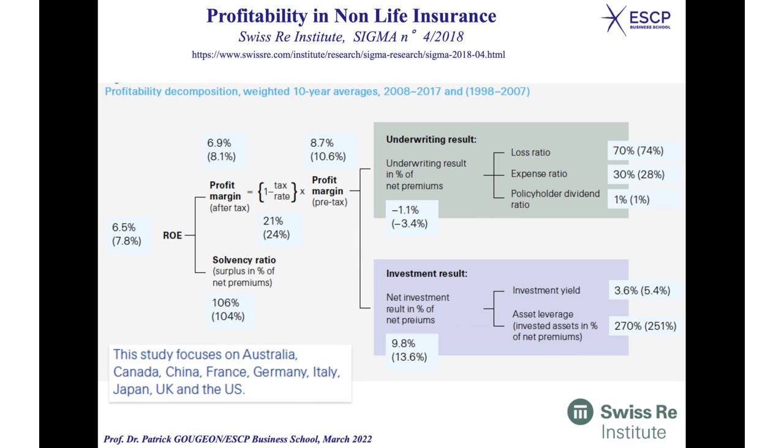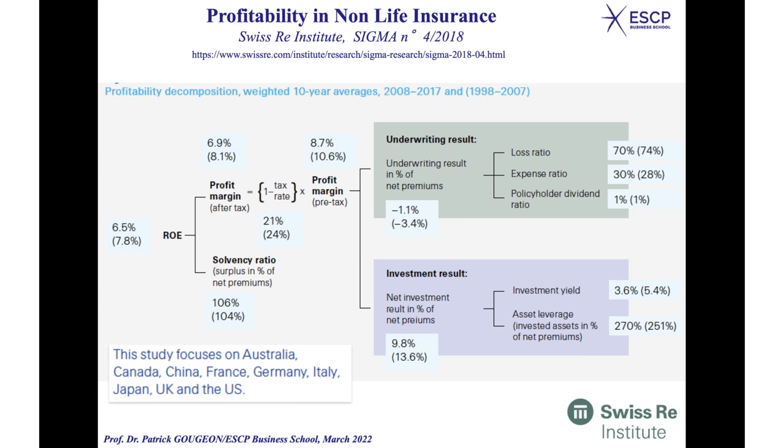So in other words, you have negative underwriting results, usually compensated by a positive investment result, and the ROE in the end is impacted by the level of equity in the balance sheet. The lower the level of equity, the higher the financial leverage, and the higher the return on equity.